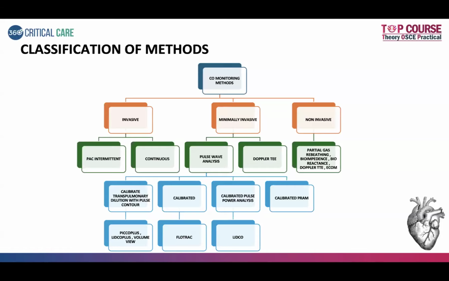It could be any of that. So minimally invasive could be pulse wave analysis like FloTrac, PiCCO Plus, LiDCO Plus, VolumeView, or it could be Doppler trans-esophageal echo. Non-invasive would be like partial gas rebreathing, bioimpedance, bioreactance, transthoracic echo, or ECOM. So this is the second way of classifying the cardiac output monitoring methods.